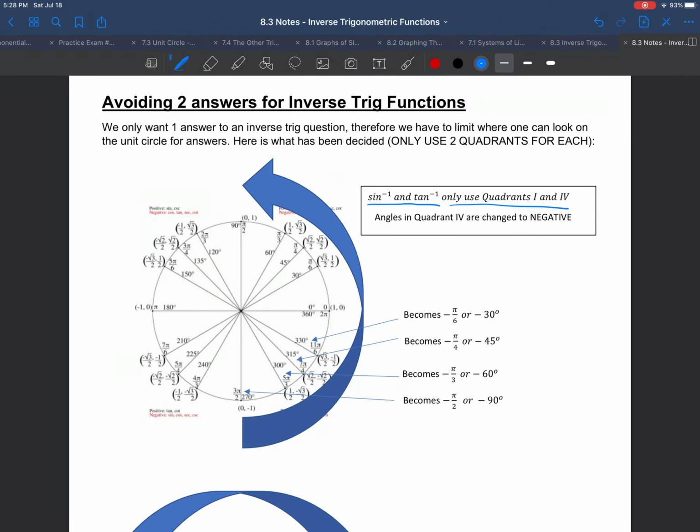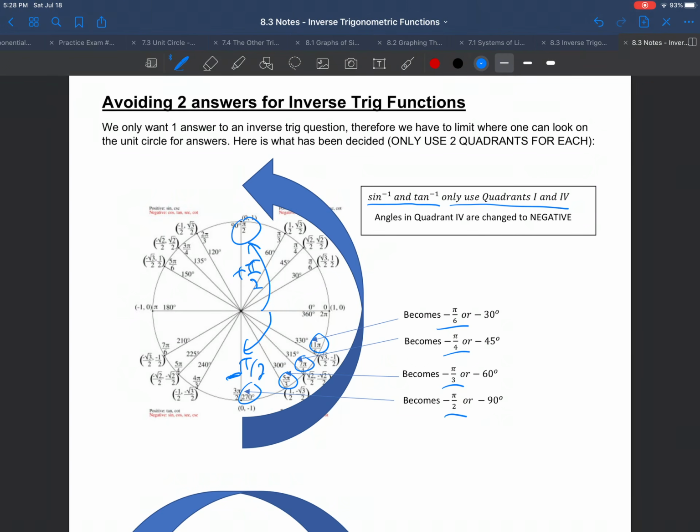And see how these ones are all made negative? Here, here, here, and here becomes negative pi over 6, negative pi over 4, negative pi over 3, and negative pi over 2. So this one becomes negative pi over 2. In other words, it's the same as this one, which is positive pi over 2, but it's negative pi over 2.